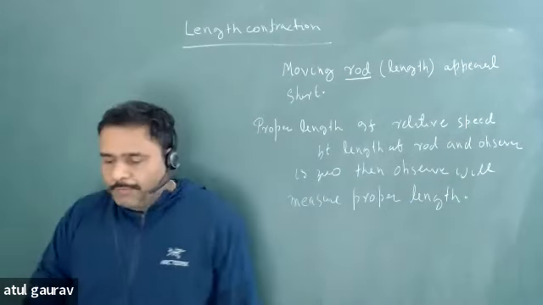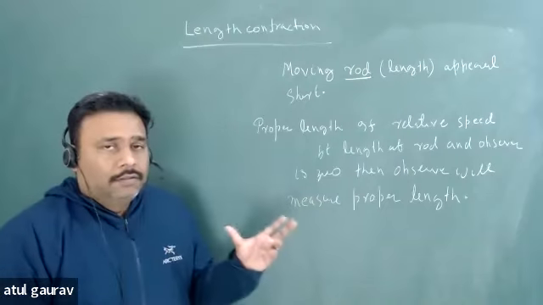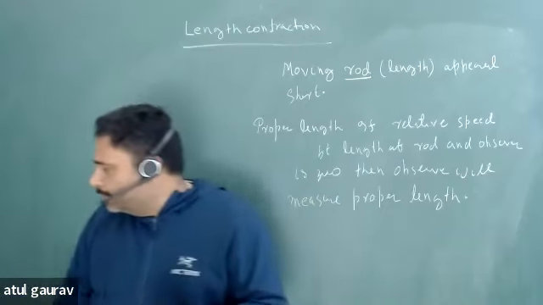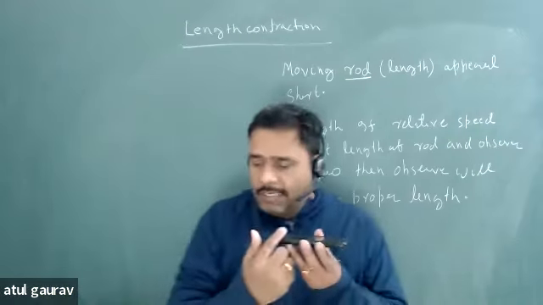So if the relative speed between the observer and the length of the rod is 0, then you will always measure what? Proper length.